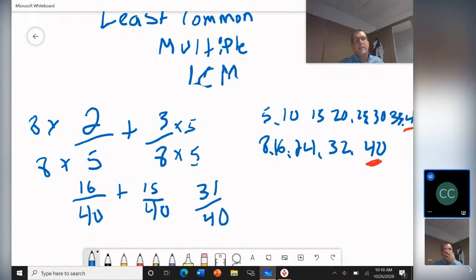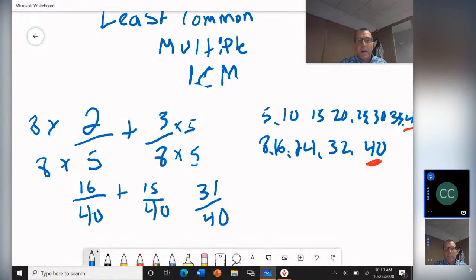Okay. So a lot of times, you guys, when we're doing adding and subtracting, especially, you're going to have to find a common denominator. And really, you're going to find a number that both the denominators go into. And that's going to be the least common multiple. Okay.